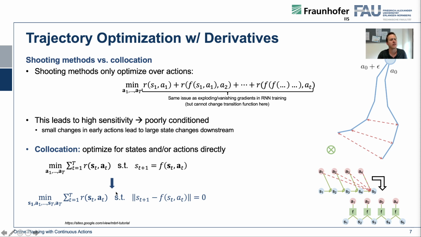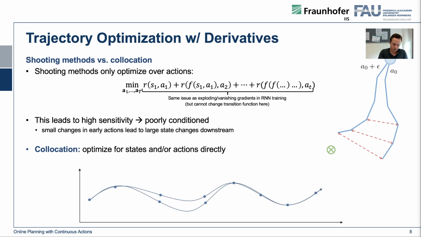What we want is to collocate the update, meaning that we maximize this reward, however, we want the next state minus the predicted state to be zero. So we want this distance to be equal to 0. This forms an explicit optimization constraint, which only leaves pairwise dependencies. This leads potentially to a much larger but easier to optimize search space.